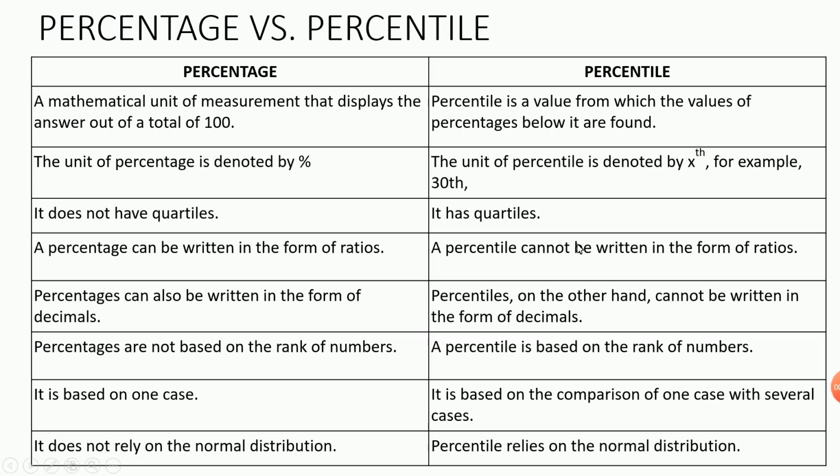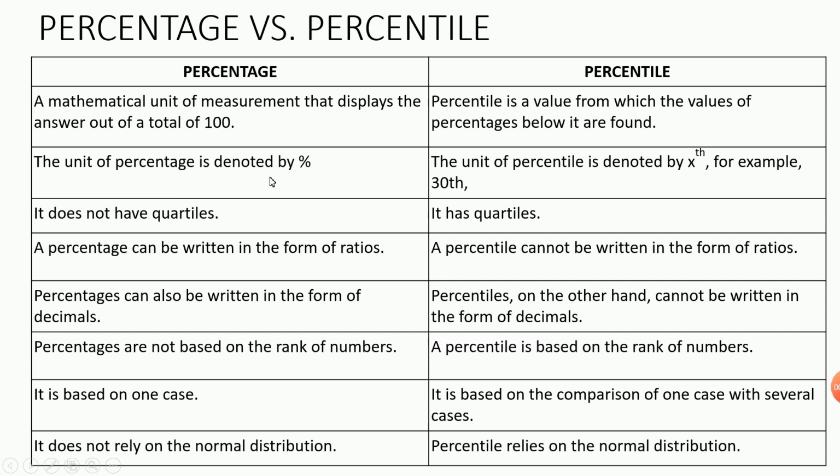Here I have given a comparison of percentage versus percentile. Percentage is a mathematical unit of measurement that displays the answer out of a total of 100. Here 100 is the final value, whereas for percentile a certain value is fixed, and whatever value is obtained below that value is known as percentile.